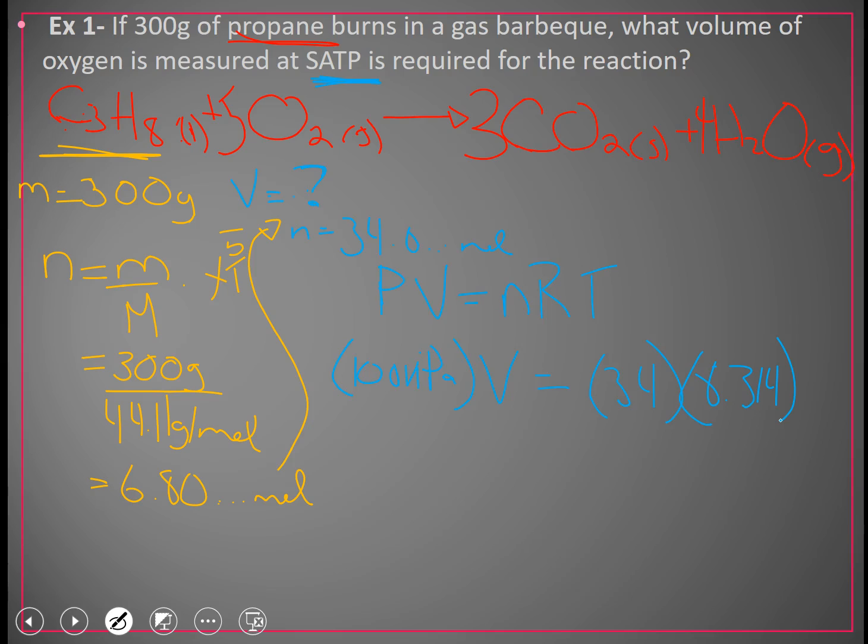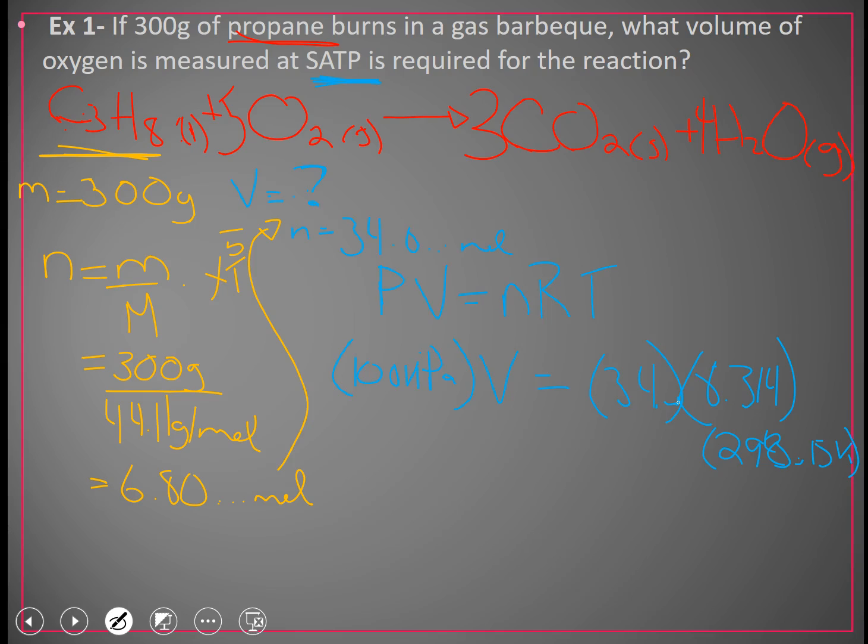So temperature at SATP is 25 degrees Celsius, so that's 298.15 Kelvin. So multiply that all together: keep that trailing decimal, 34 times 8.314 times the 25 degrees Celsius, which is 298.15 Kelvin.